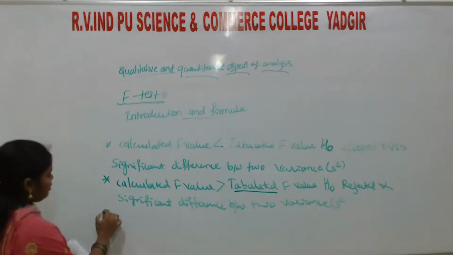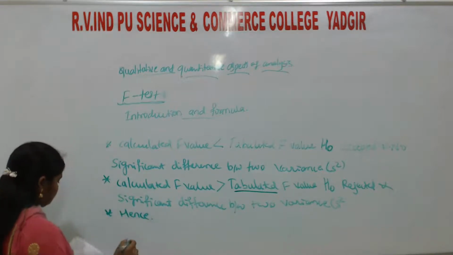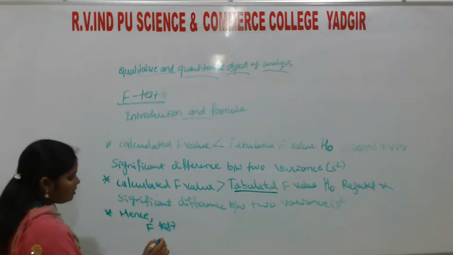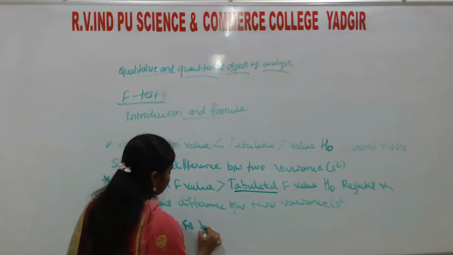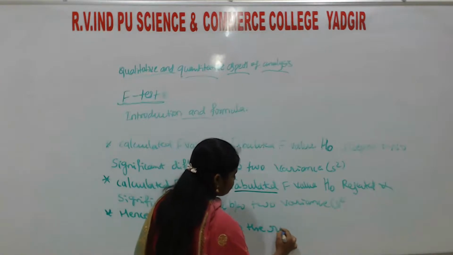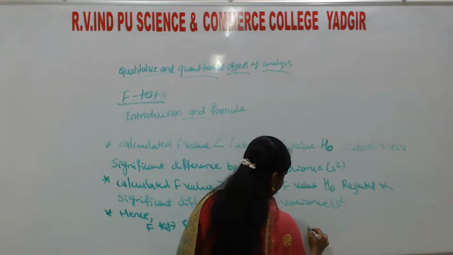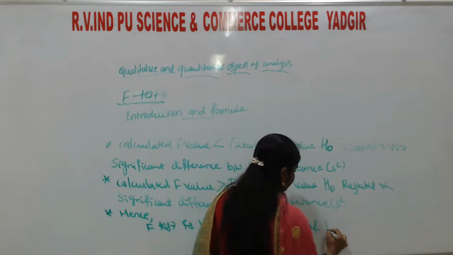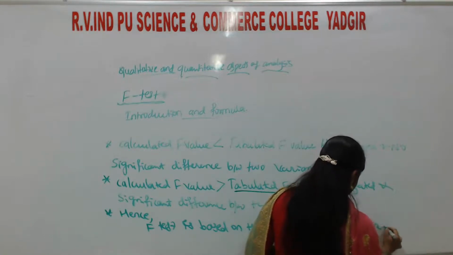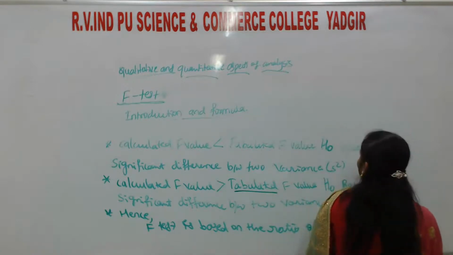Here I'll write another point. Hence F test is based on the ratio of two variances.